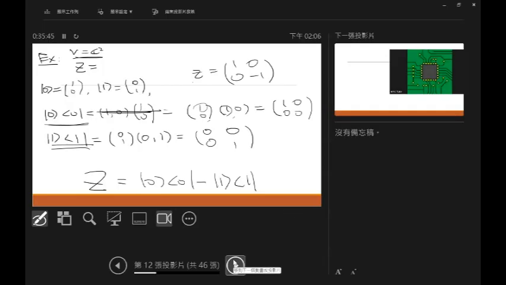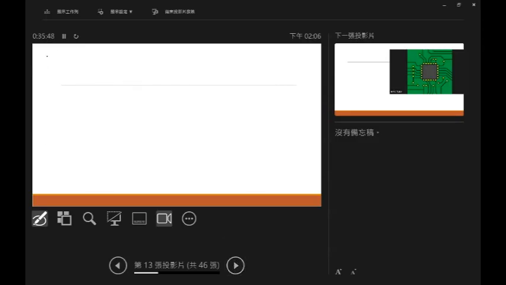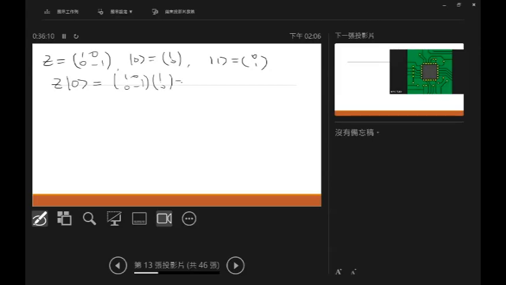Let me also write something. Z is basically (1, 0; 0, -1), everyone knows about this. |0> is (1, 0) and |1> is (0, 1). Obviously |0> is an eigenvector of Z. Z acting on |0> gives (1, 0; 0, -1) times (1, 0), so you get 1 and 0. So |0> is the eigenvector of Z with eigenvalue +1.